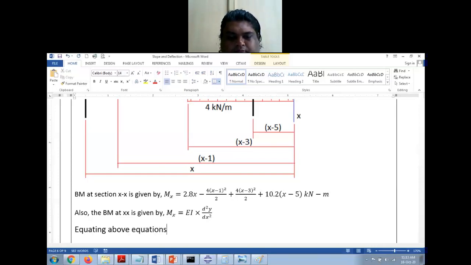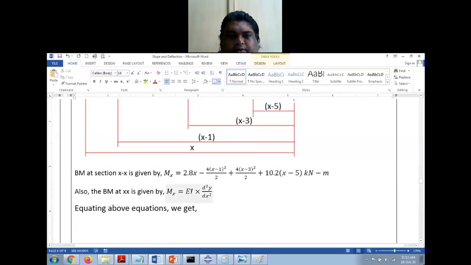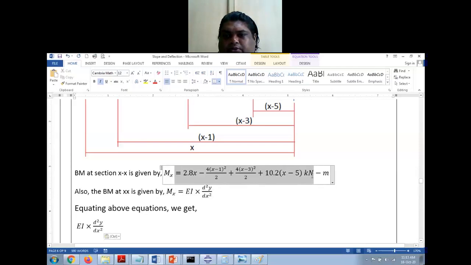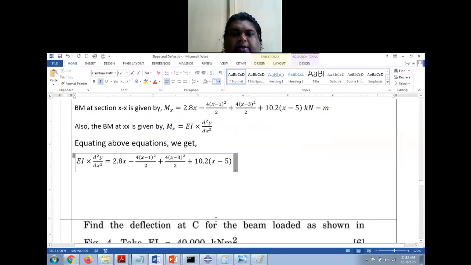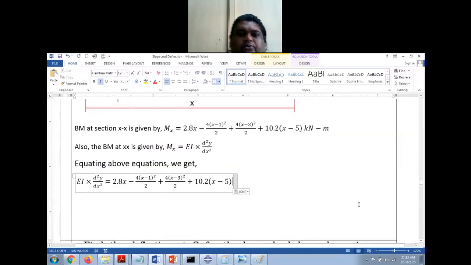So EI d square y by dx square will also give the bending moment. Now what we have to equate this. We get EI d square y by dx square is equal to this complete equation, correct? So this is my equation which I have to integrate now.